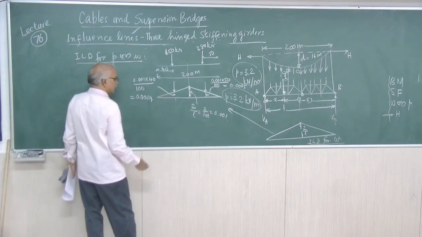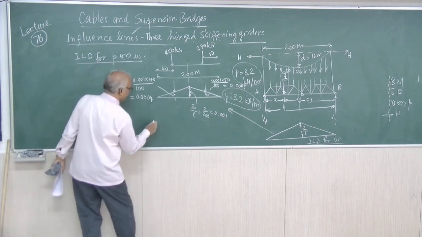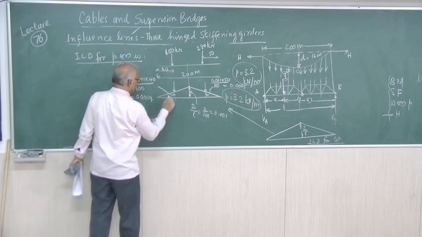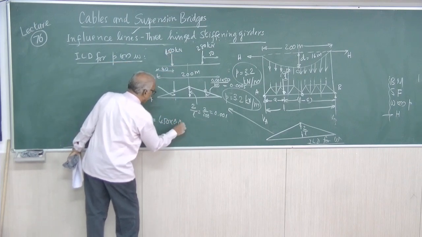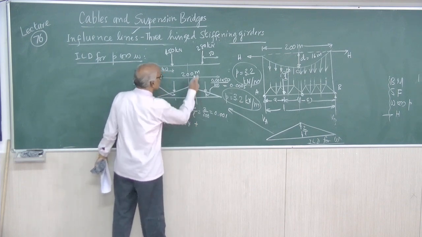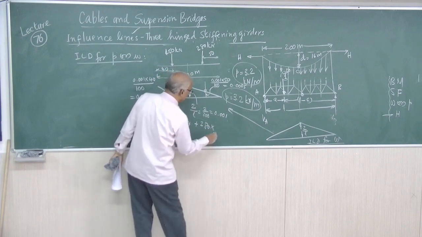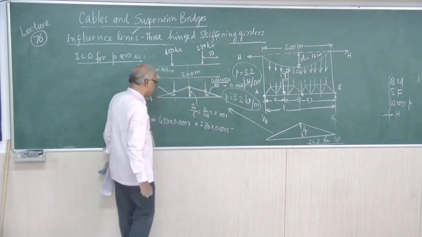So we know already we have used in rolling loads and influence lines. So the value of W equal to 450 into this ordinate 0.004 plus this load is 280, load into ordinate 280 into 0.005.